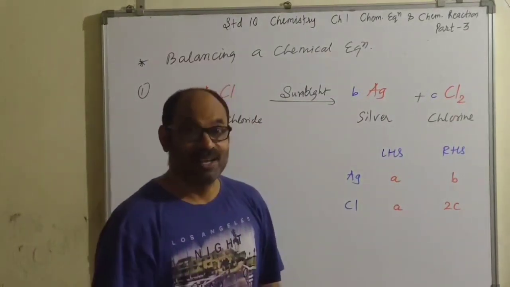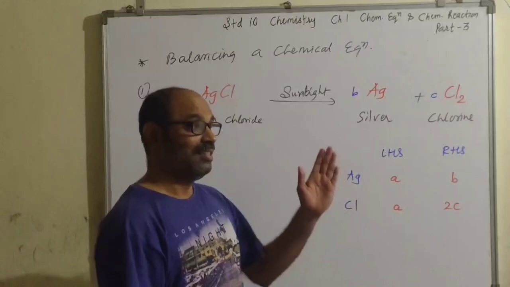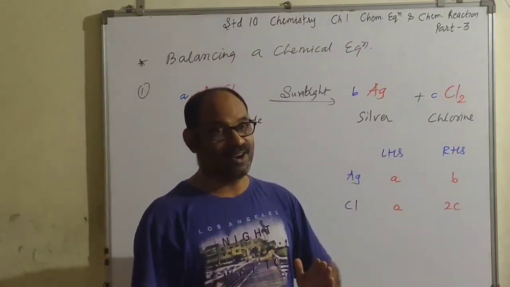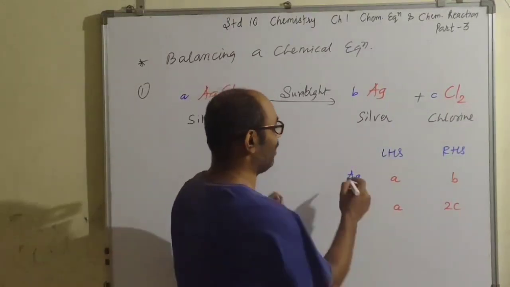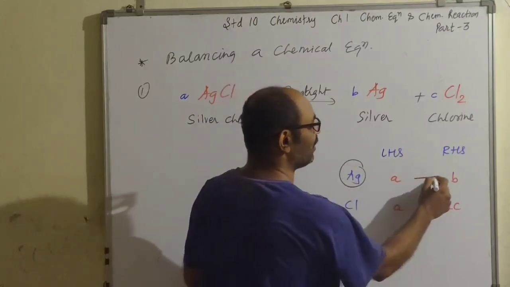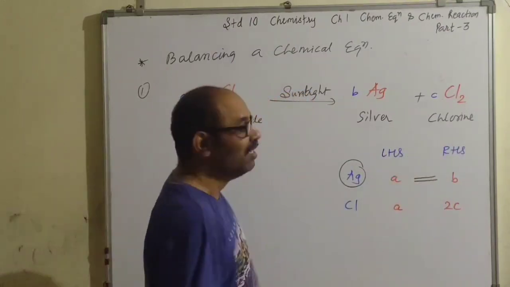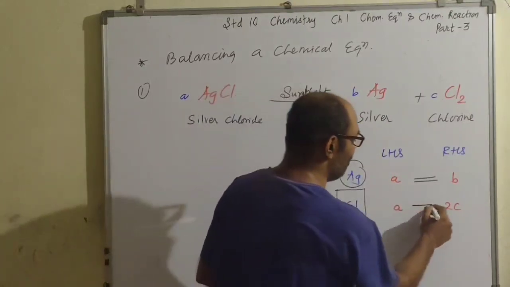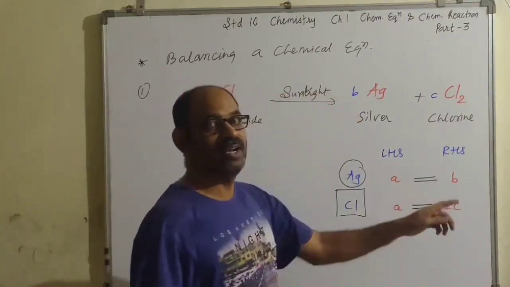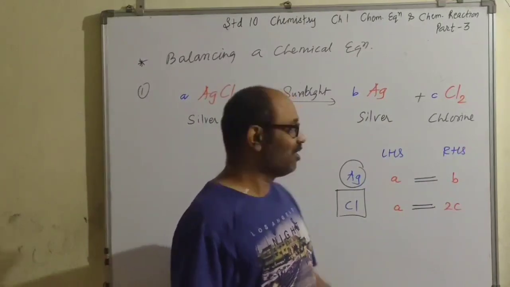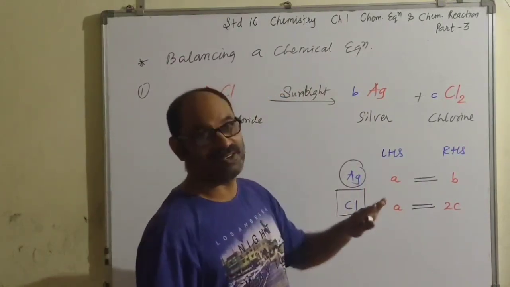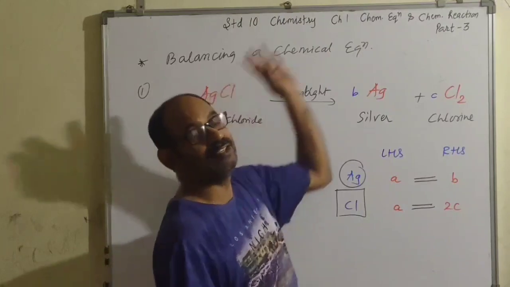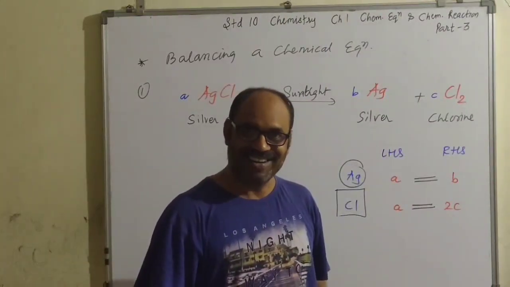Now, by the law of conservation of mass, the atom is neither created nor destroyed. So the number of atoms of silver on the left hand side should be equal to the right hand side. In the same way, the number of atoms of chlorine on the left hand side should be equal to the number of chlorine atoms on the right hand side.